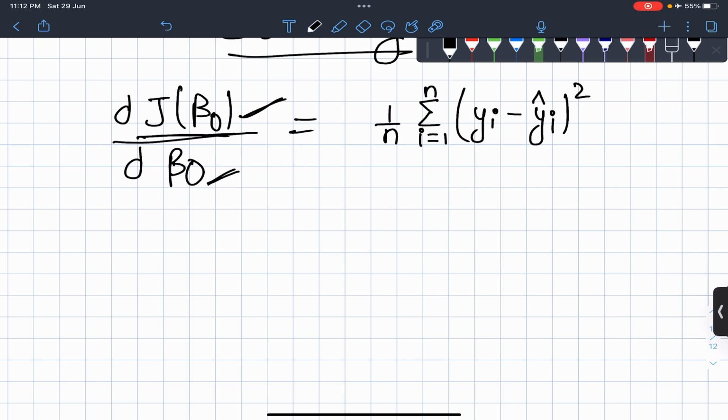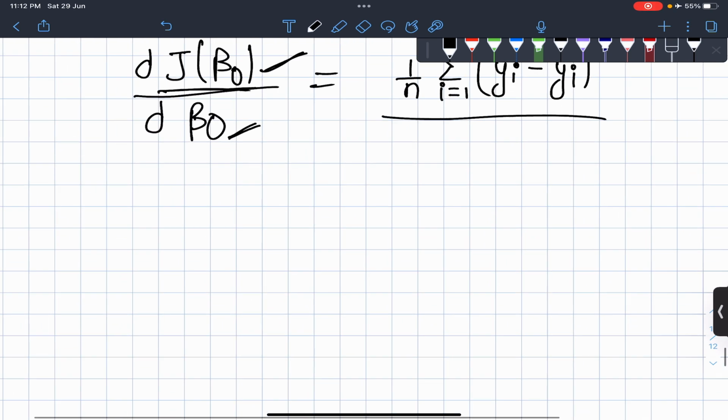Now what we have to do here is apply the chain rule, because we are using calculus, and we will find the derivative of it.